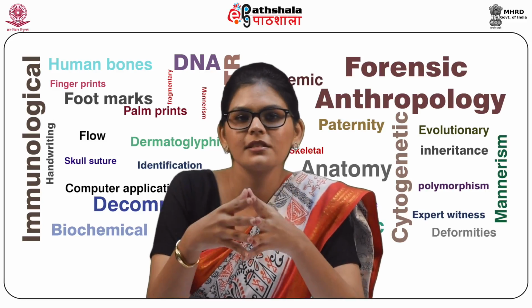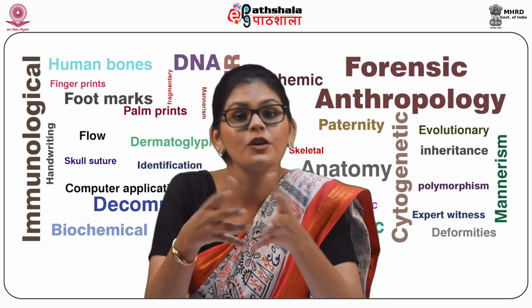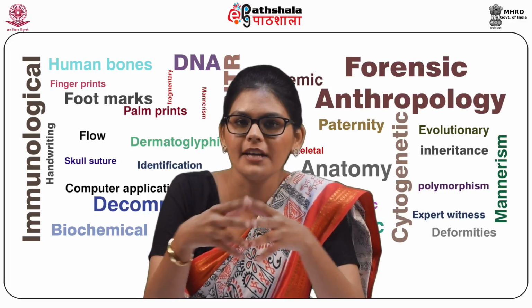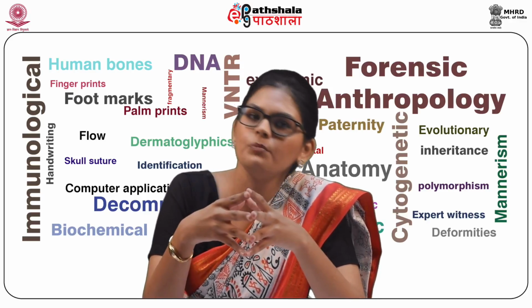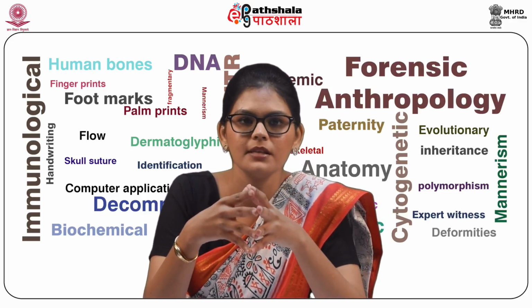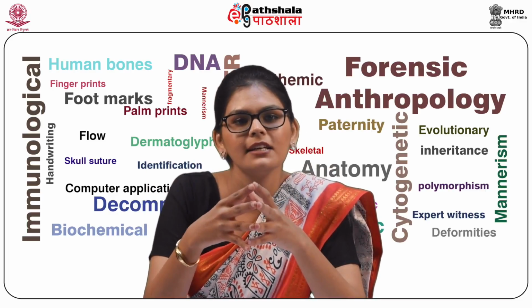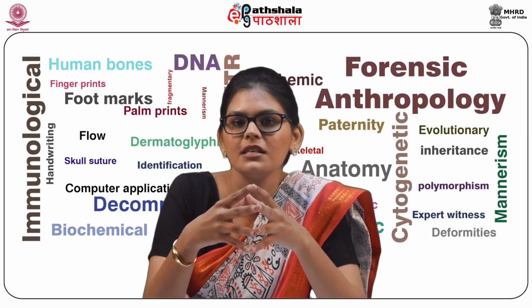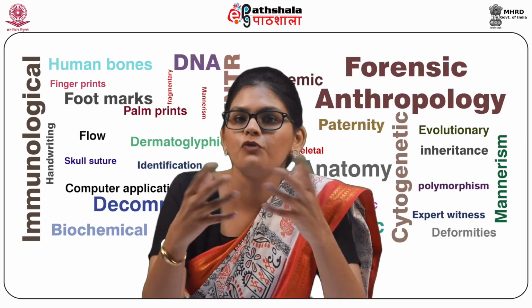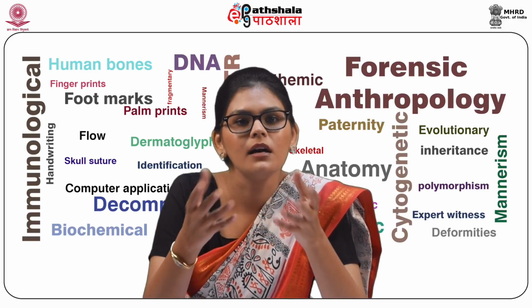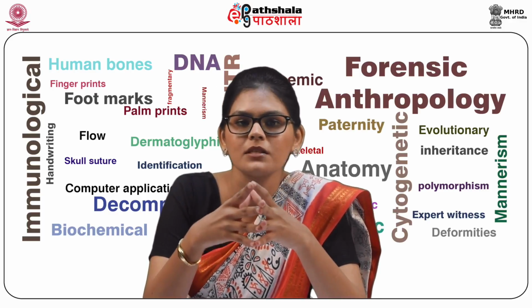So students, let us summarize what we have learned from this module. The decomposed and the fragmentary or mutilated remains many a time alter the features and general appearance of the deceased, so that visual recognition even by close relatives may be uncertain or impossible.